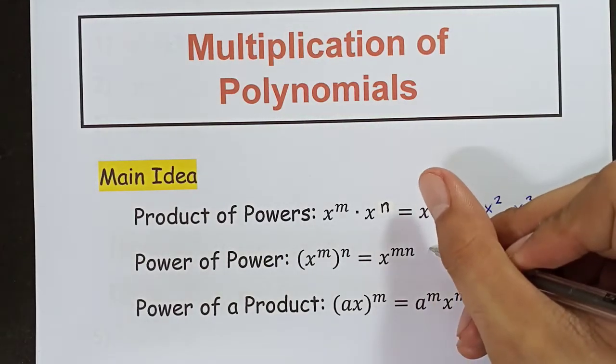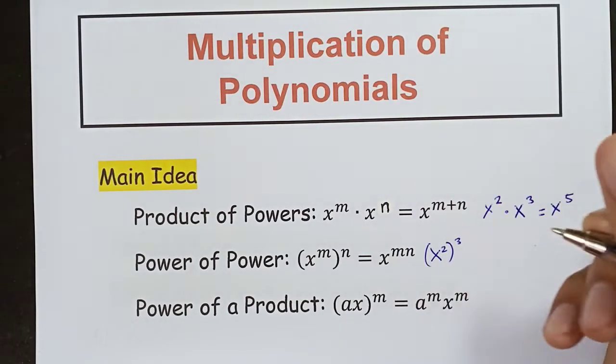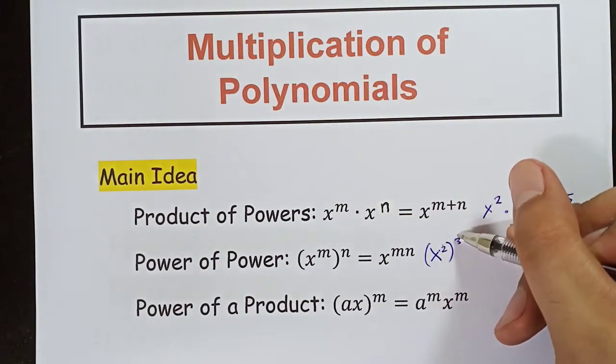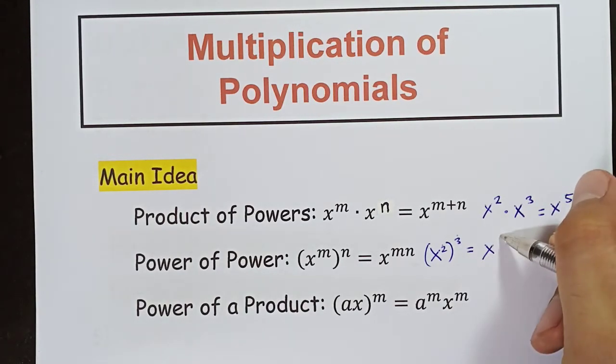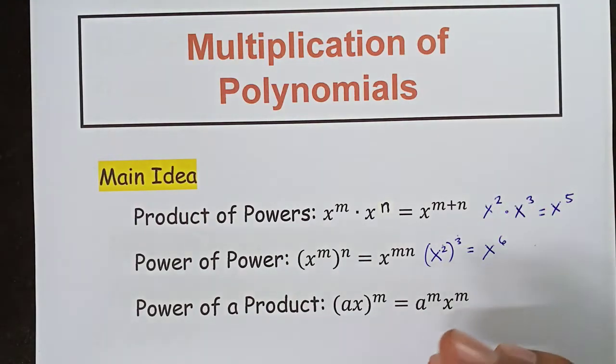Example, we have x squared, quantity of x squared raised to 3. Ano magiging sagot yan? Pag multiply lang natin si 2 and 3. So the answer would be x raised to 6, kasi 2 times 3 is 6. So kapag power of power naman, minumultiply yung exponent.